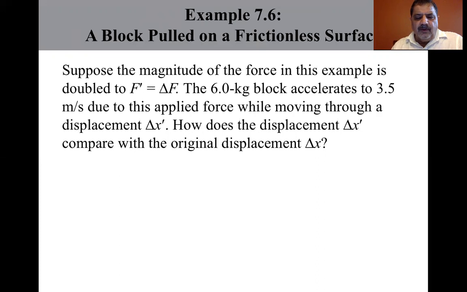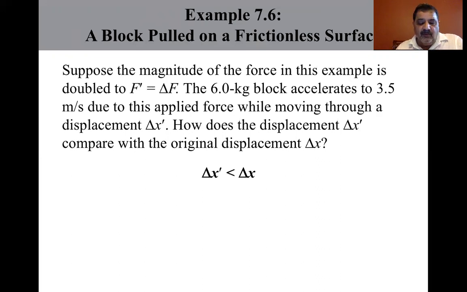Well, if we pull harder, the block should accelerate to a given speed in a shorter distance. So we expect that delta X prime is less than delta X. In both cases, the block experiences the same change in kinetic energy. With more force comes more acceleration, so delta X is shorter.